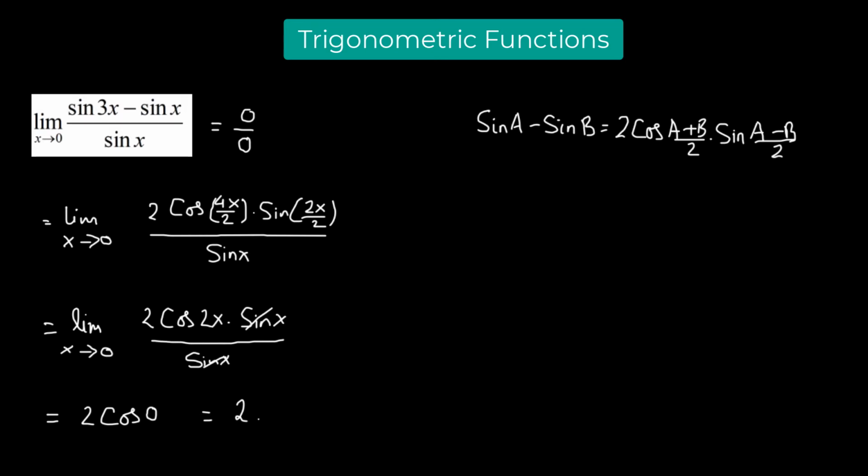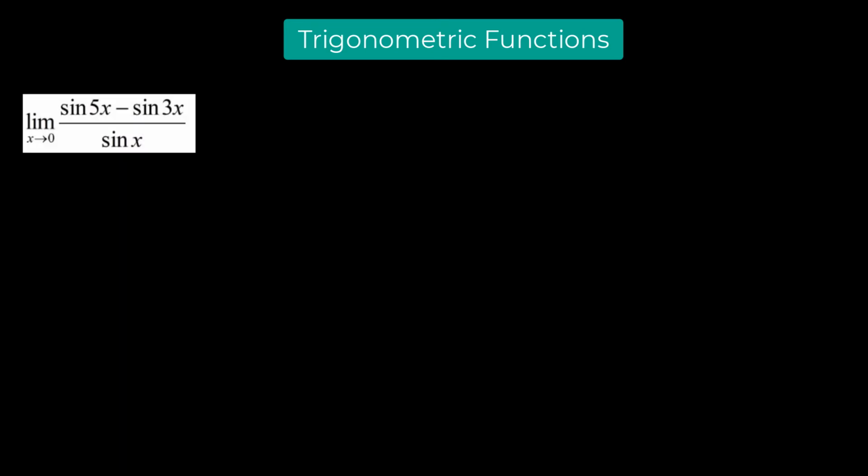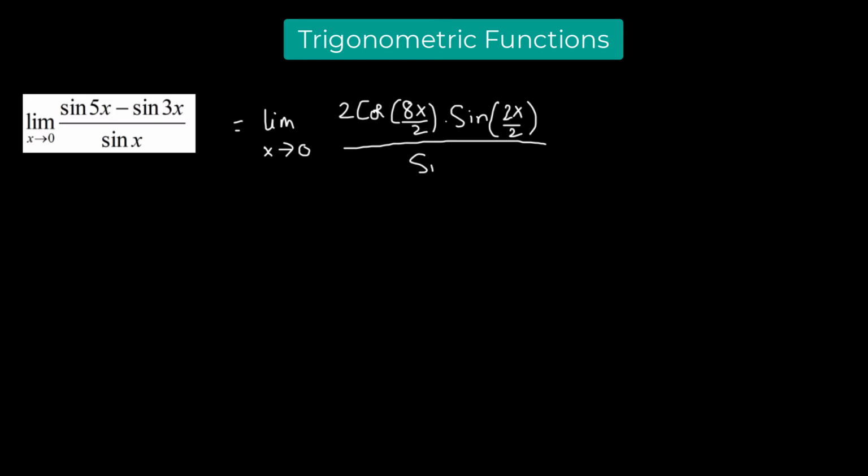Let us do another problem. So we have (sin 5x minus sin 3x) divided by sin x. This is similar to the previous problem, so we can apply the identity and rewrite the numerator as 2 times cos of (5x plus 3x is 8x) over 2 times sin of (5x minus 3x is going to be 2x) divided by 2, whole divided by sin x.